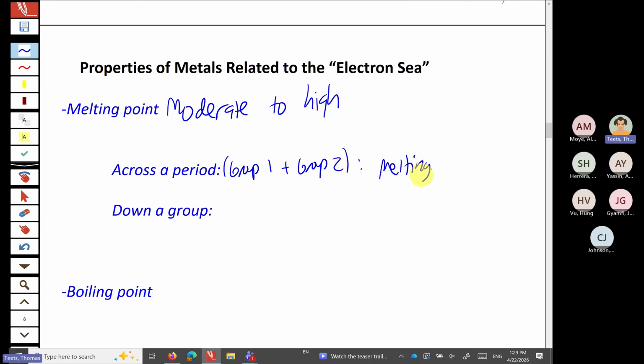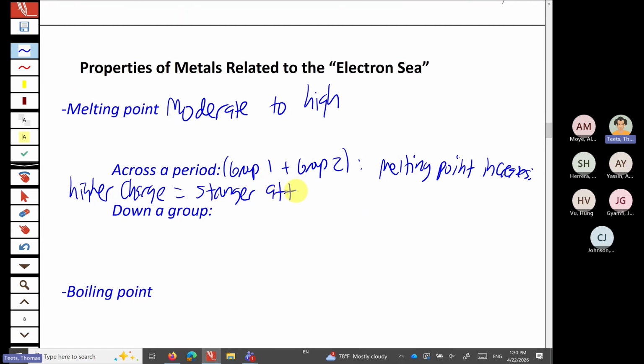And that's because of the picture that I drew on the previous slide, which is that in group 2, you have a higher charge delocalized. So you have 2 valence electrons that are delocalized and 2+ cations at each lattice position. So that leads to stronger attractions between those metals, making it harder to break those attractions and liquefy.